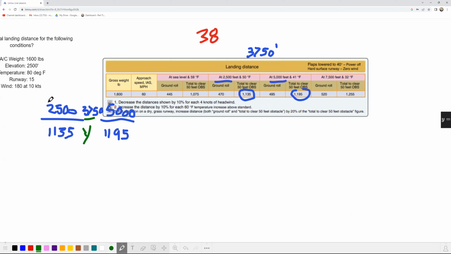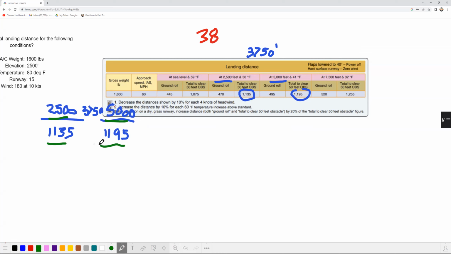Then x1 would be 2,500, x2 would be 5,000, and y1 and y2 would be these two values. Or we can make our lives easier and know that 3,750 is directly between 2,500 and 5,000. Because this is linear interpolation, we can get the same answer by taking the exact middle between these two numbers.